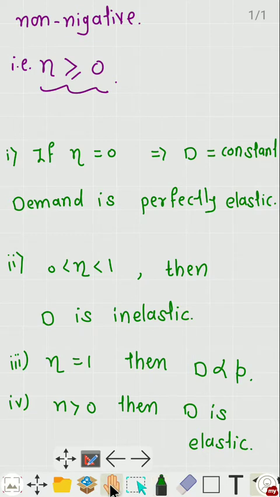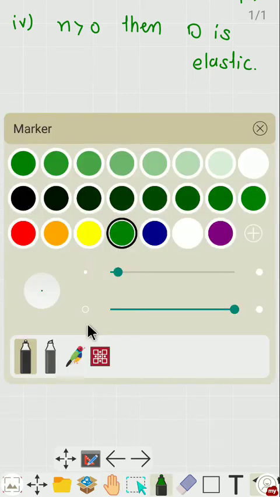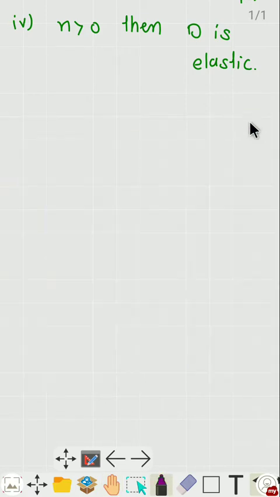Okay, so now let us go to the next point, and our next point is the relation between the marginal revenue and the price elasticity of demand.